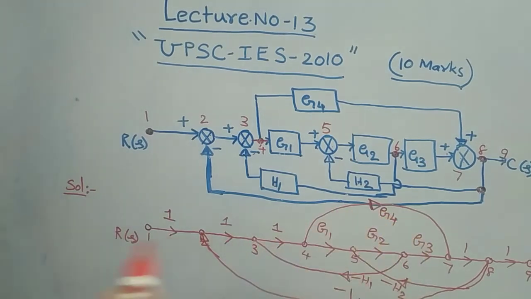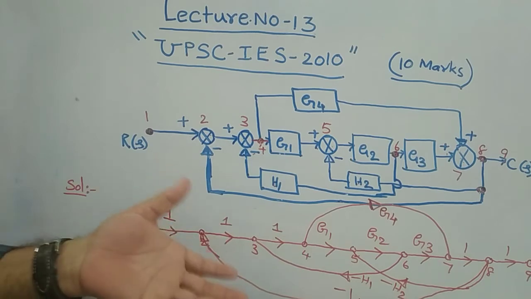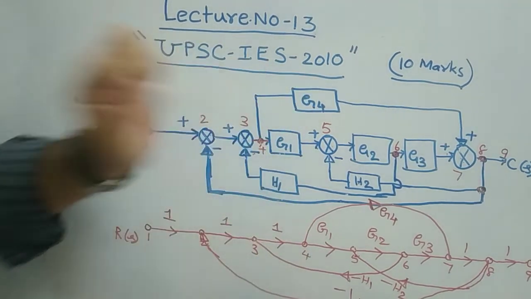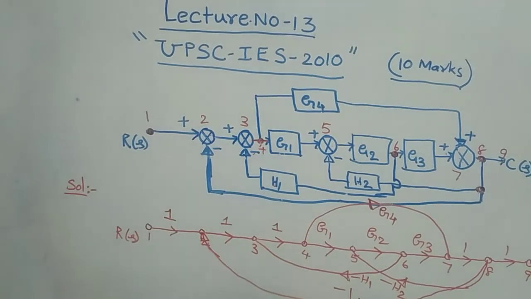G4 is the gain. Understood? Is there anything left here? Nothing. We have successfully represented the equivalent signal flow graph for the given block diagram. This is the signal flow graph.